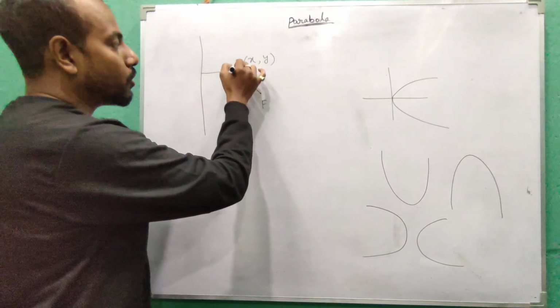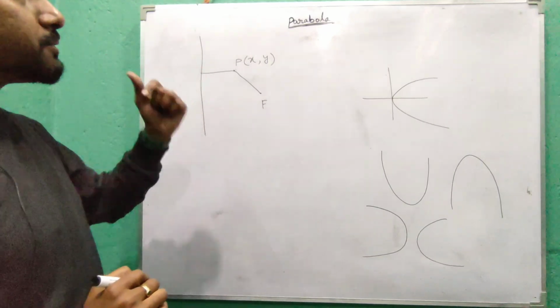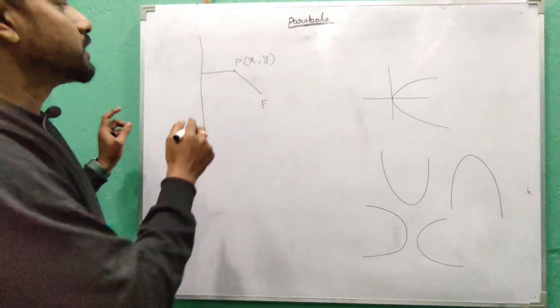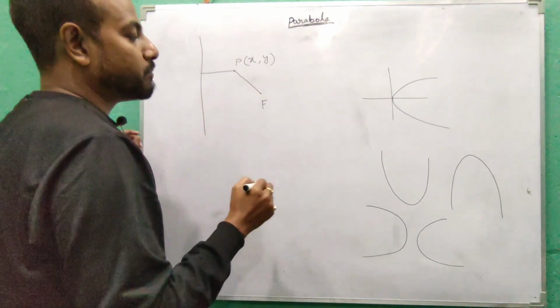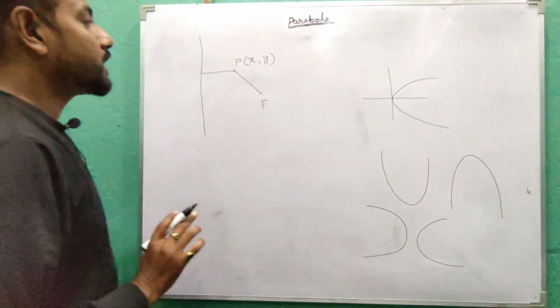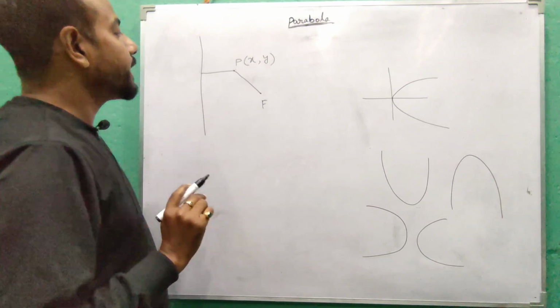Then the locus of this point, locus means the path on which the point is moving, will be like these or these. This kind of plane figure we will get.